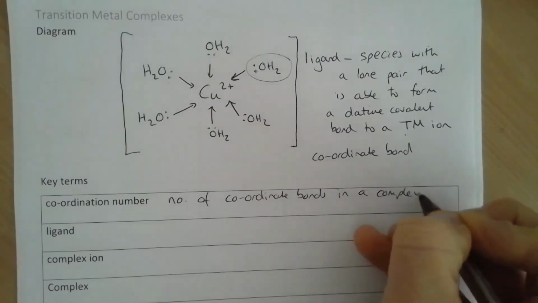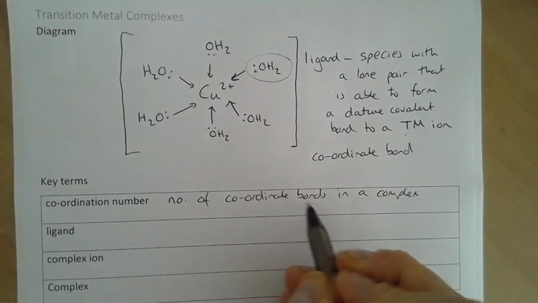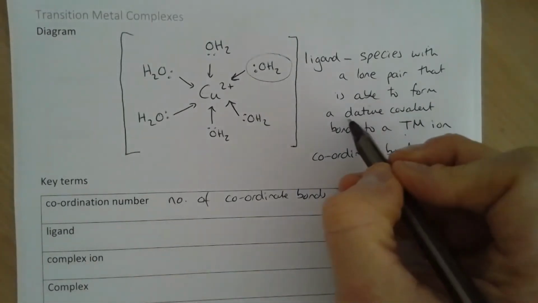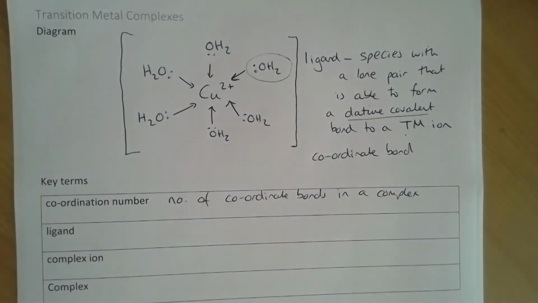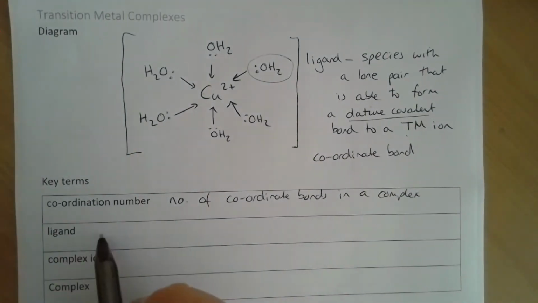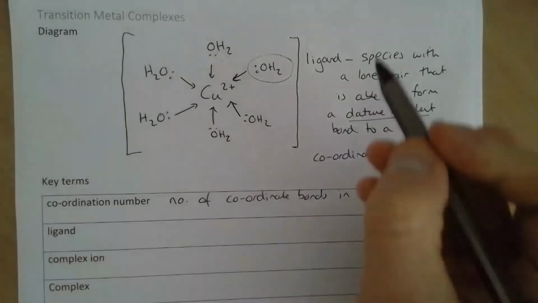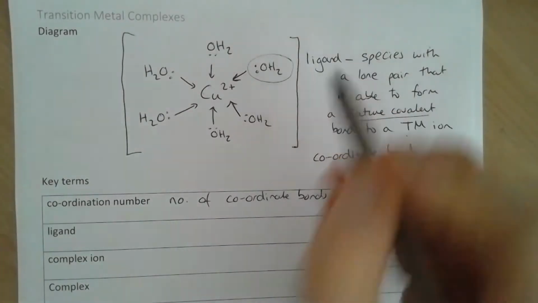And notice that I'm going to be using the word coordinate bond. Coordinate bond is another word for dative covalent bond. Ligand, I'm not going to write it again, but you've got the definition for a ligand up there.